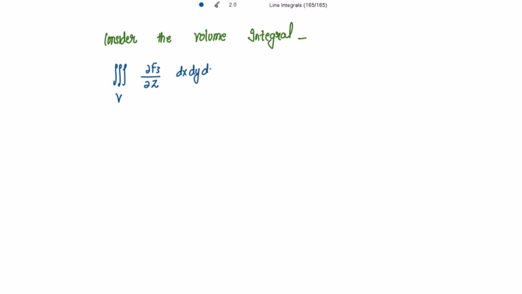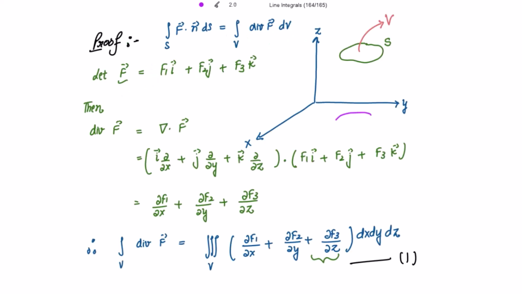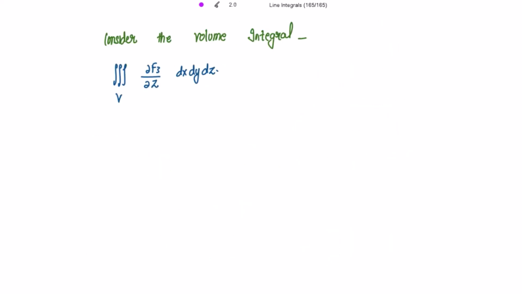dx dy dz. Let R3 be the orthogonal projection of the region V in the xy plane. If you consider any point in this R3, that point is (x, y, 0), because it is the xy plane, so z is 0. Any line passing through this point meets the boundary of surface S at 2 points. Let me write this first.